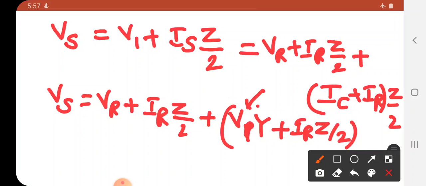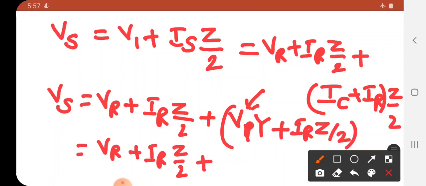Now we know that V1 is VR plus IR into Z by 2.